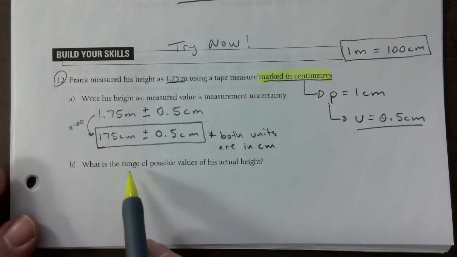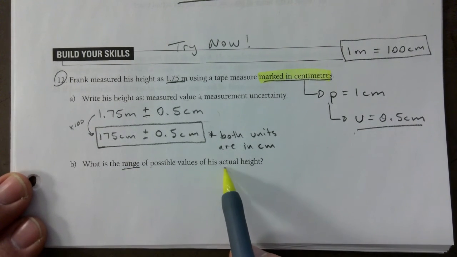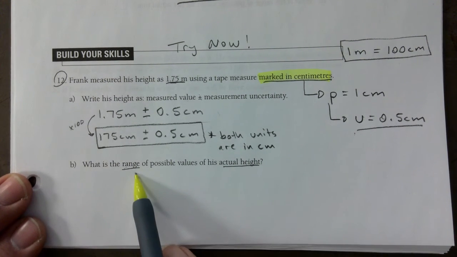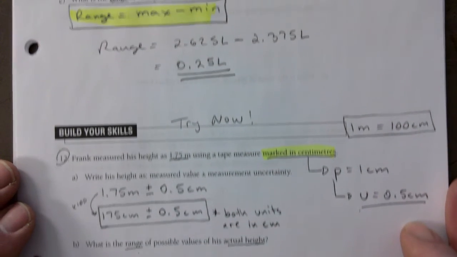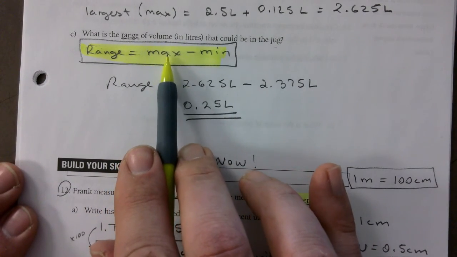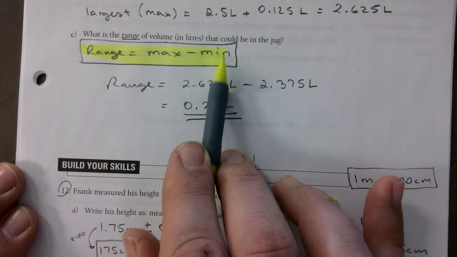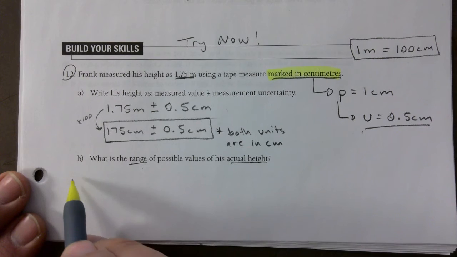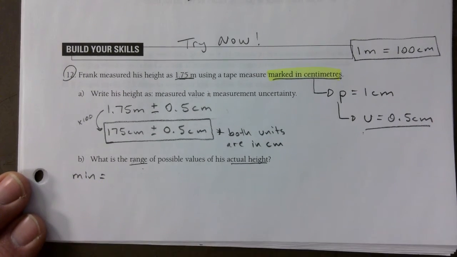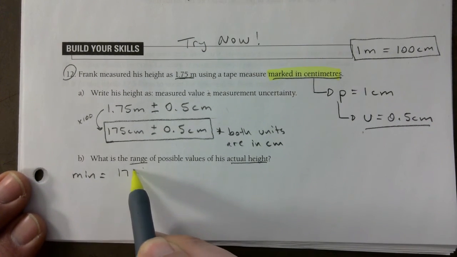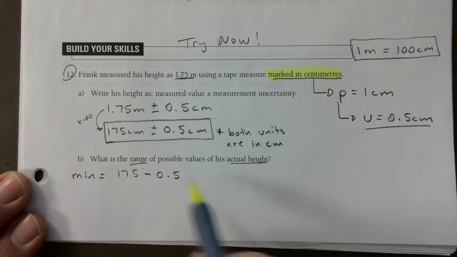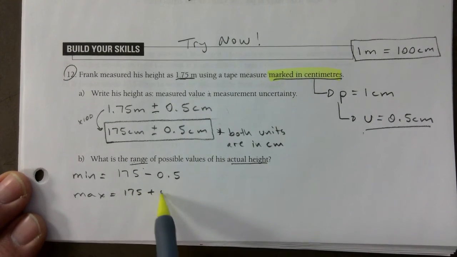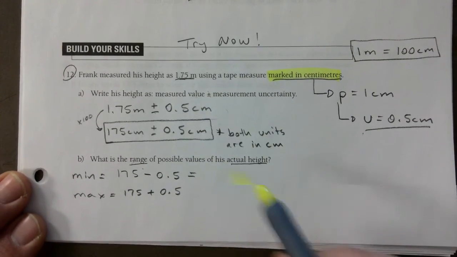Next, what is the range of possible values of his actual height? How do you get the range again? Let's go back up here for 1 second. It's by taking the maximum and subtracting the minimum. We haven't done that yet, have we? So let's write this down here. The minimum possible height for Frank will be 175 minus 0.5, and the max will be 175 plus the uncertainty we just found. They're both in centimeters.